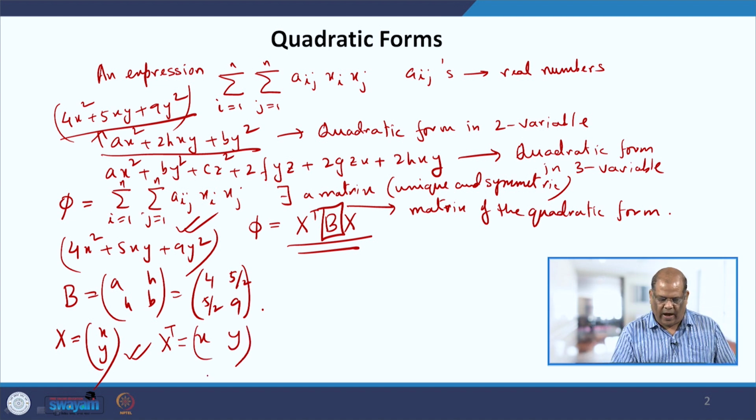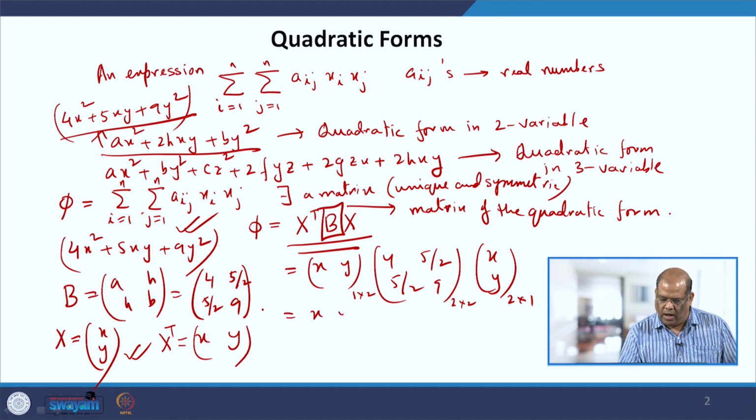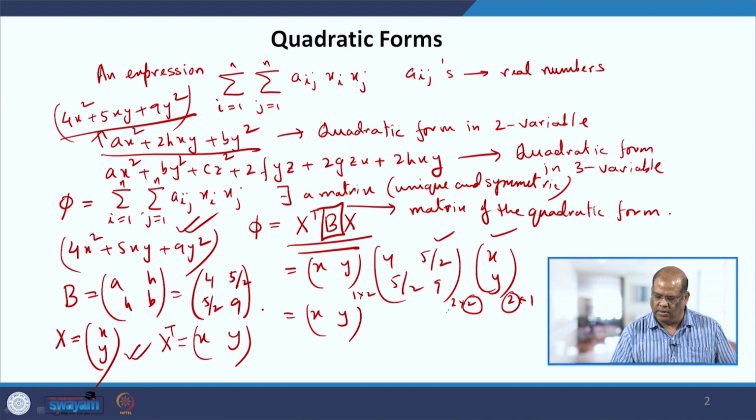Now, if I find x transpose b x here, this will be the row (x, y), times the matrix 4, 5 by 2, 5 by 2, 9, times the column (x, y). This is 1 cross 2, this is 2 cross 2, and this is 2 cross 1. I multiply this and this: the number of columns and rows are the same, and you will get 2 cross 1, that is 4x plus 5 by 2 y and 5 by 2 x plus 9y.